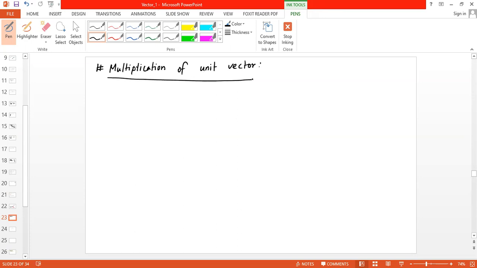What are the unit vectors? i, j, and k. These are the unit vectors. What I want to see is, if we multiply them, what result are we going to get? At first, let's discuss the scalar product, scalar multiplication.